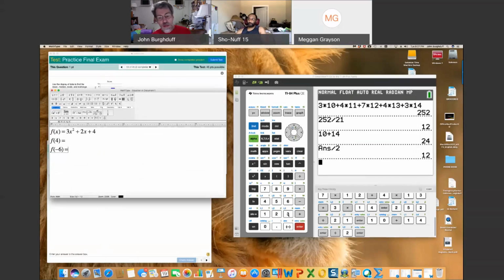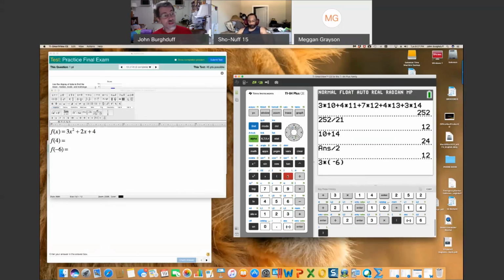So if I want to do the whole calculation all at once, I would need to say this, 3 times, and because all of x is squared, including the negative, you would want to open a parentheses so that negative 6 is all together in parentheses.